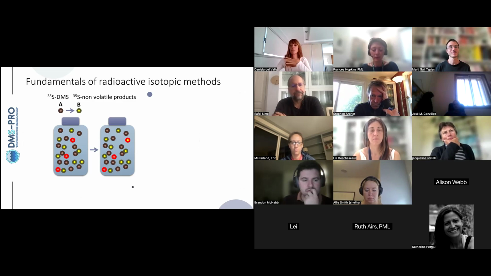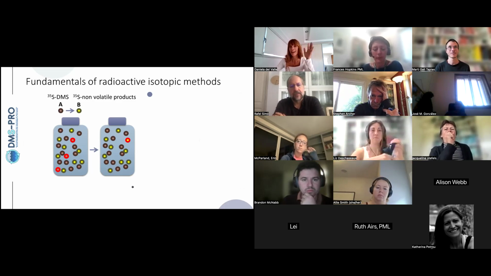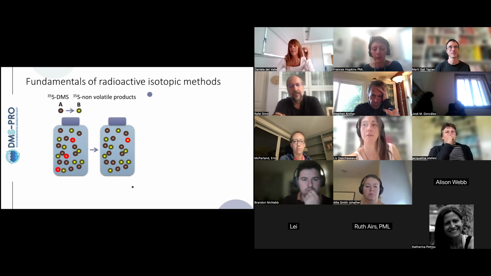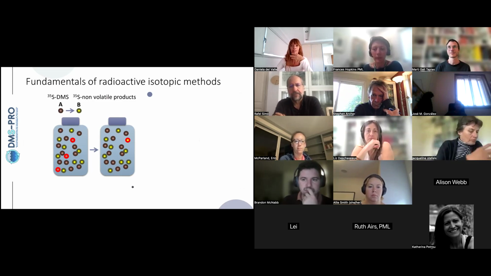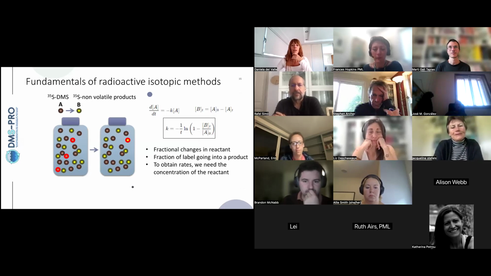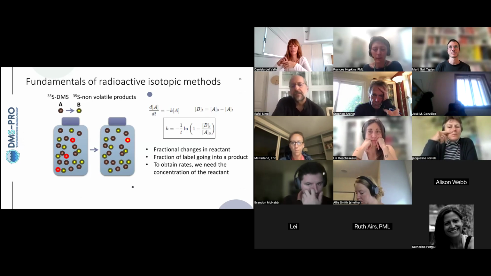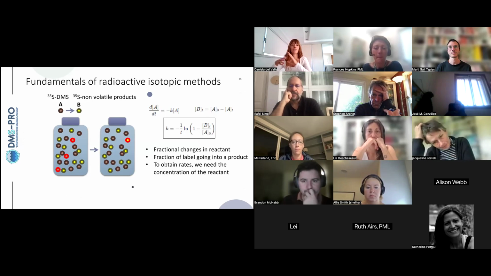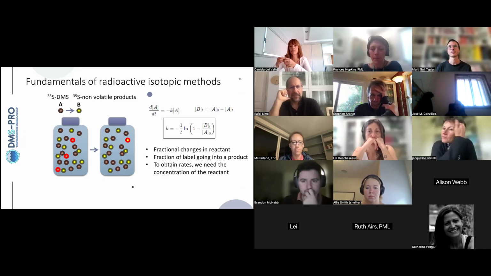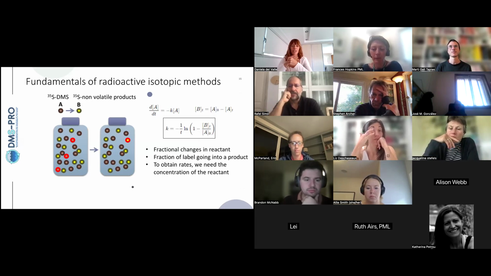If we assume that DMS was not transformed into any other gas, we can sparge out that unreacted DMS and quantify the amount of radioactivity that was left in the sample as non-volatile, which should be equal to the amount of labeled DMS that was consumed. Because both DMS loss and dissolved DMSP loss follow first order kinetics, you can easily determine rate constants from the initial activity added and the activity of the product at the end of the incubation.